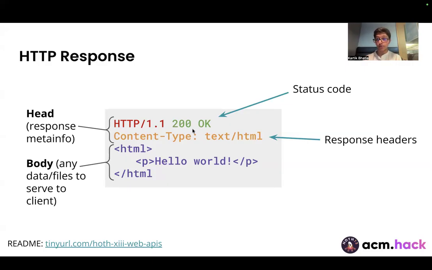Over here, the 200 OK means that everything was successful and the server managed to complete your request. Again, it might have some headers like the content type, but again, this is meta info and it's not really important.